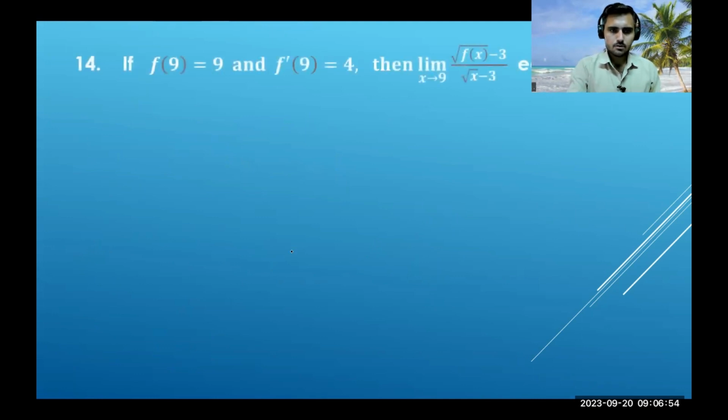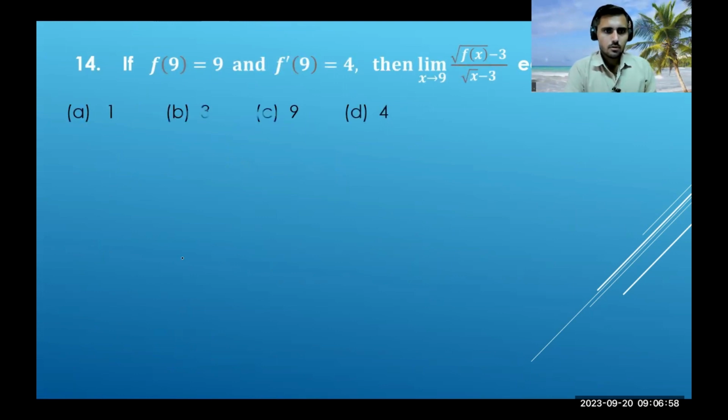Question number 14, and these are the options. So first we can check what indeterminate form is in front of us. Substitute limit x tends to 9.